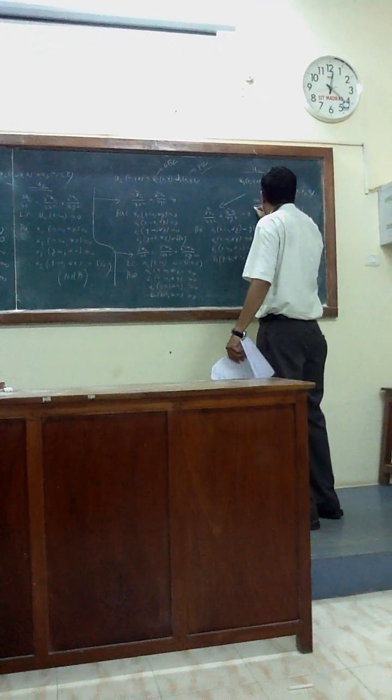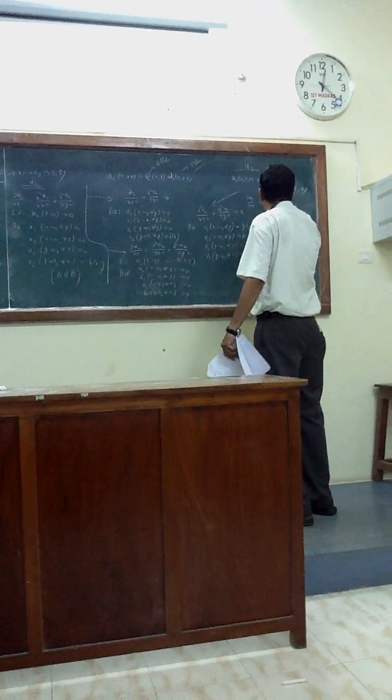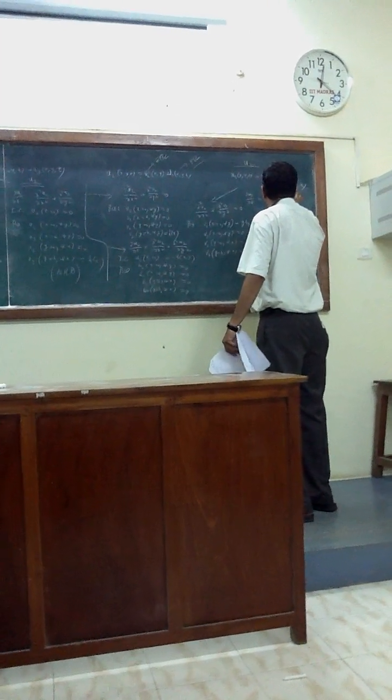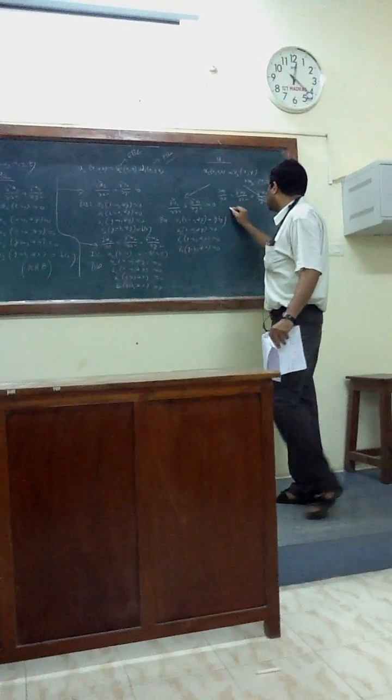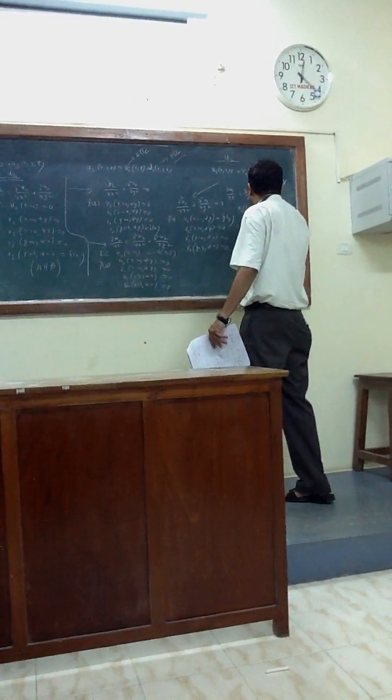Dou w3 by dou t equals dou 2 w3 by dou x square plus dou 2 w3 by dou y square. Definitely this is the peak problem. What is w3 at t equals 0? You tell me the answer.